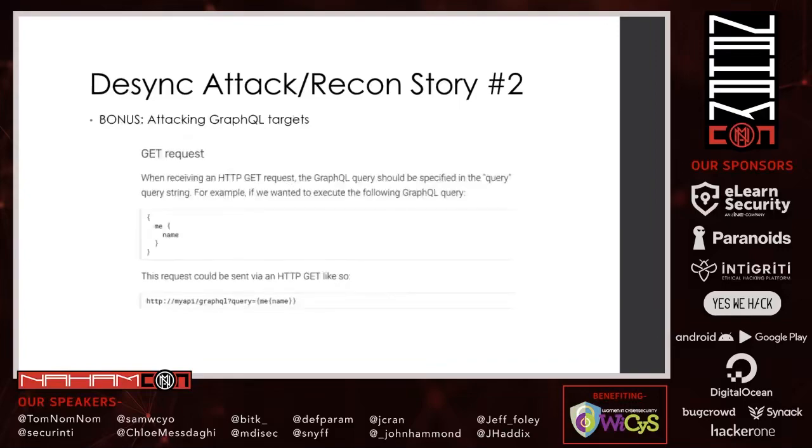And then sort of as a bonus to this, and this is on a completely different report, I did something similar on the request line where most GraphQL targets get data posted to the GraphQL endpoint as post data. But if you read the GraphQL specification, you could actually send GraphQL commands via a GET request on the request line like this.